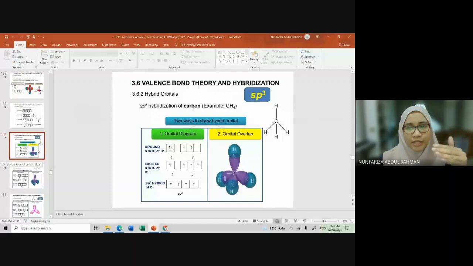I'm going to start with sp, and then sp2, sp3, and moving on to sp3d2. As you can see in the slides, they start with sp3. So that's why I've made some arrangement to the slides so that kita start from sp and then move on to sp3d2.